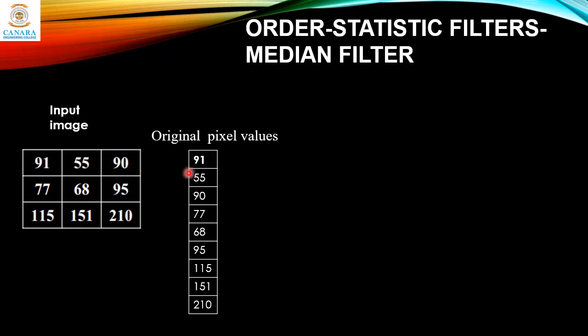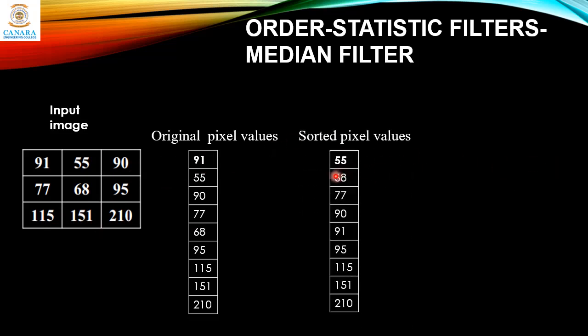Now the next task is to sort them in ascending order. So 55 is the smallest, and then we have 68, 77, 90, 91, 95, 115, 151, and 210.